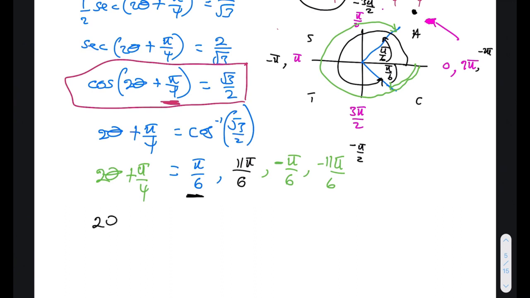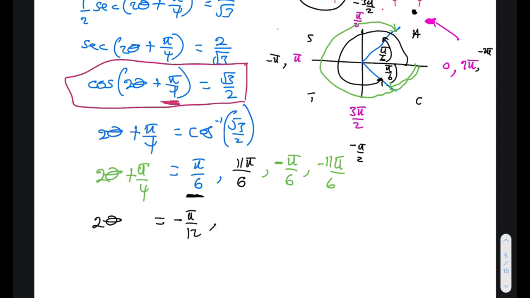Okay, so now let's do pi on 6 minus pi on 4. Pi on 6 minus pi on 4 will give us negative pi on 12.